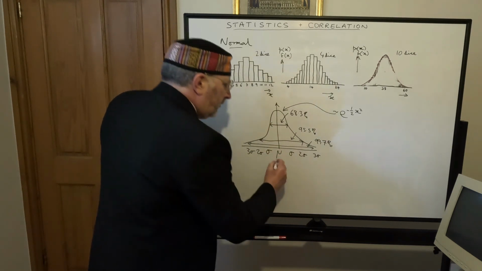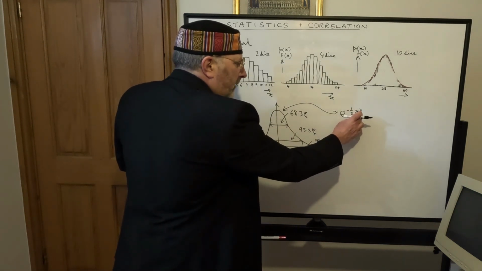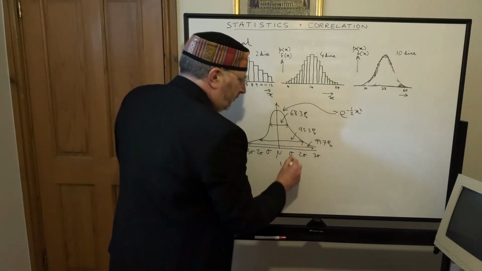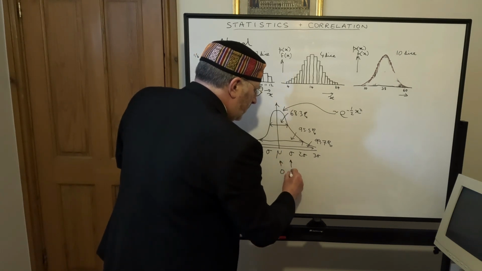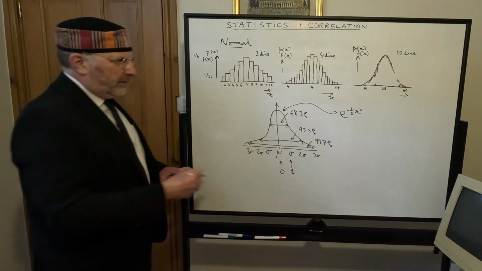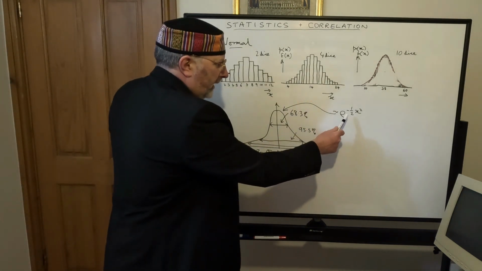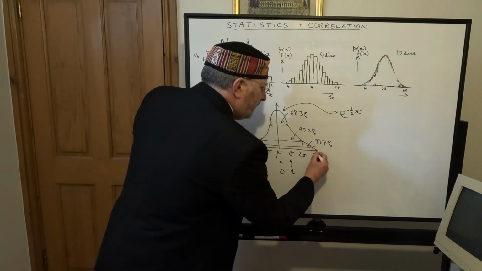So this applies when the mean is 0 and also when the standard deviation is 1. That'll be the case when this is described by e to the minus a half x squared, if x is along here.